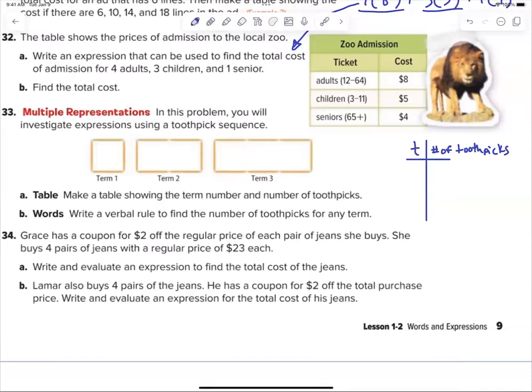So I want to see if you understand this. Kellen, term 1, how many toothpicks is that? 4. Term 2 is how many? 6. Term 3, 8.